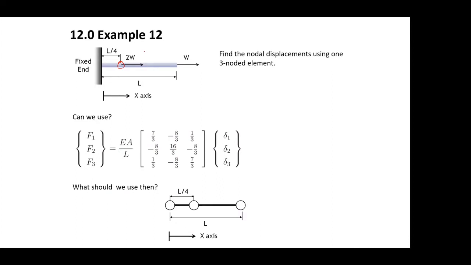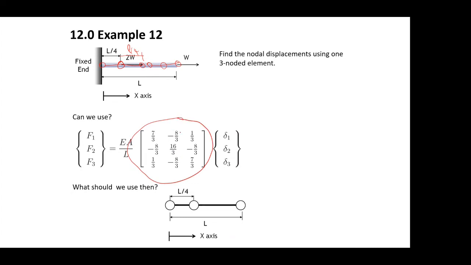So you're suggesting we have one element that goes between 0 and L/4, yes. And then the midpoint will be the end of the first element. So this is your first element going here, and then you have a second element like this. In this case, it would be possible to use this stiffness matrix. So this would make it possible to use the stiffness matrix.